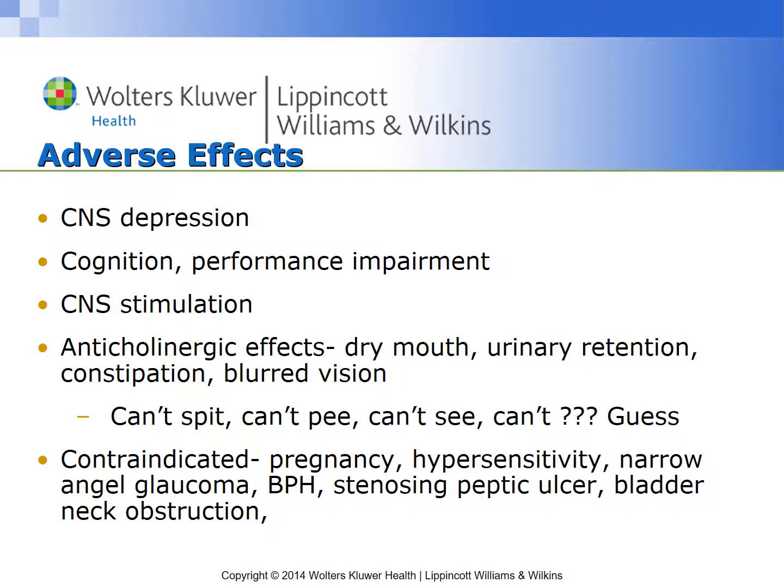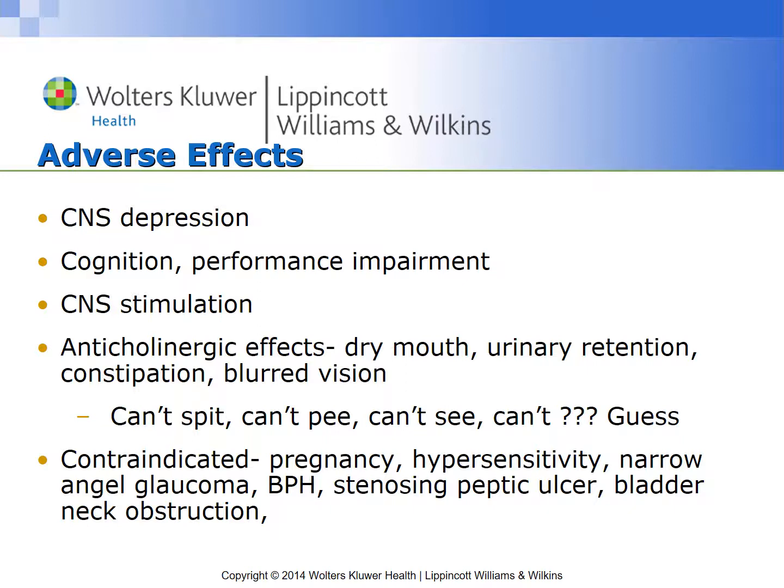Now, anticholinergic effects. You're going to see anticholinergic drugs and drugs that have anticholinergic effects, and this is one of them. Here's your way to remember this. It causes dry mouth, urinary retention, constipation, and blurred vision.